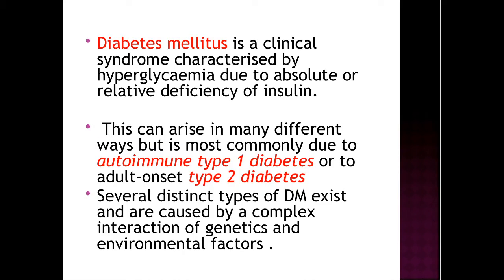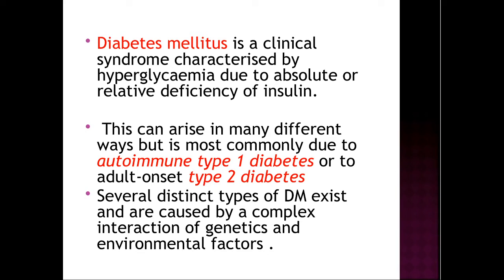Diabetes mellitus is a clinical syndrome characterized by hyperglycemia due to the absolute or relative deficiency of insulin in our body. This can arise in many different ways, but is most commonly due to the autoimmune type in first type diabetes mellitus, or the adult onset form in second type of diabetes mellitus.